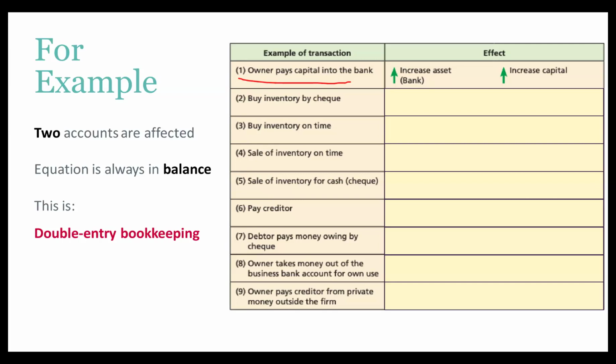You've seen what is happening? So now let's see what happens if you buy inventory on time. What does it mean to buy inventory on time? Like buying it when you need it to make your products.